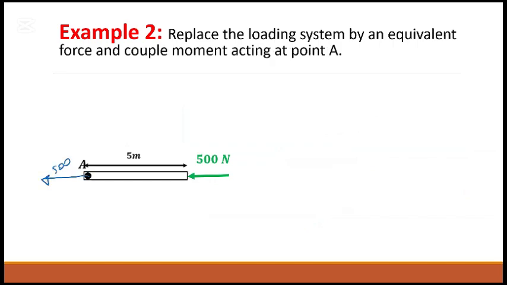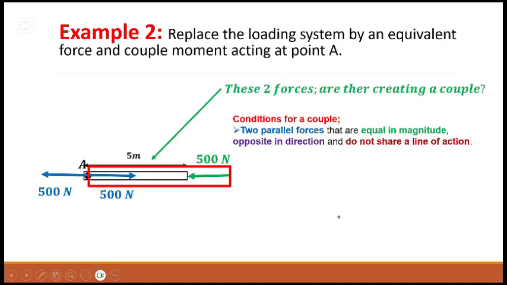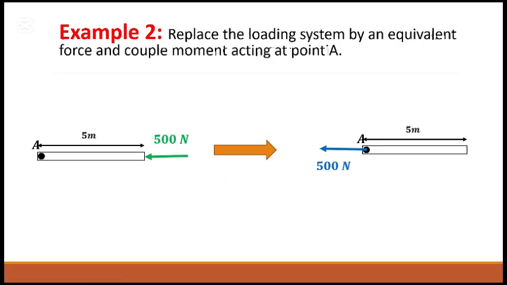What is the moment created by this 500? 0. So there is no moment. Just sliding. When the force is going through the point, we can just slide it. You don't have to consider a moment because it doesn't create any moment.